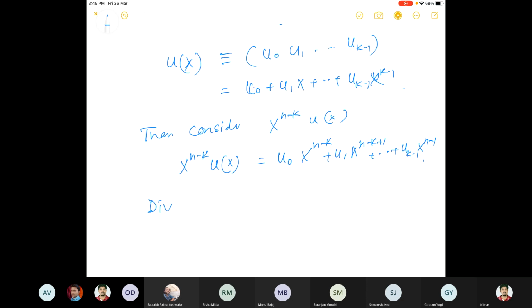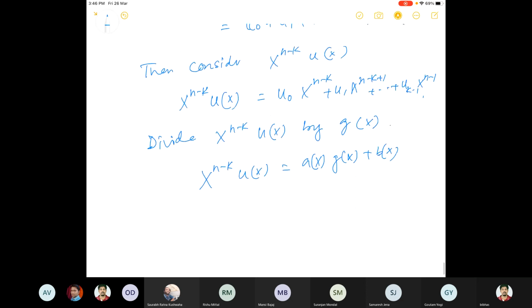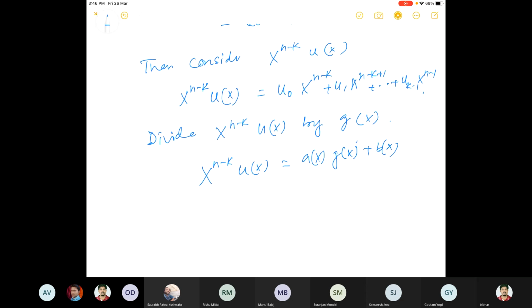Now divide x^{n-k} u(x) by g(x). Then we can write x^{n-k} u(x) exactly equal to a(x) g(x) + b(x).